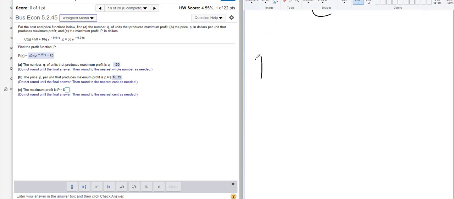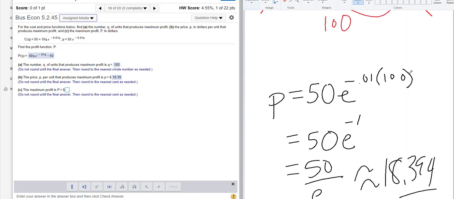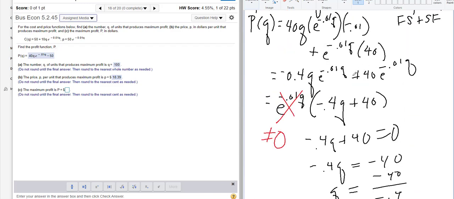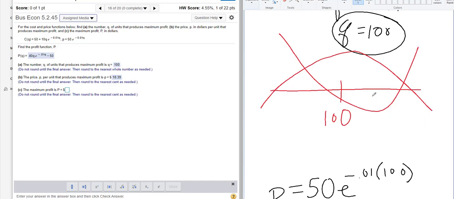So that original profit function is this function here. That's profit based on quantity, 40Q e to the negative 0.01Q minus 50. So that was our original profit function before we took the derivative. And that's where we find the actual profit.